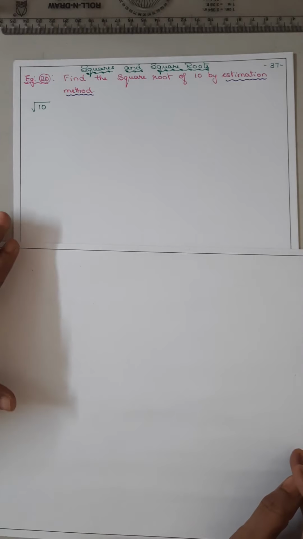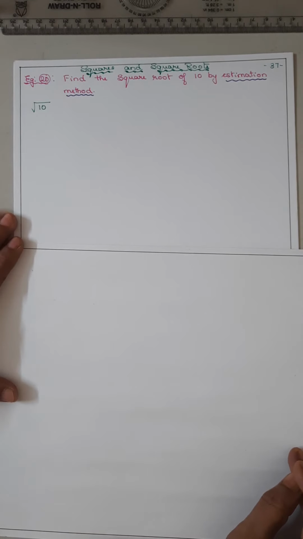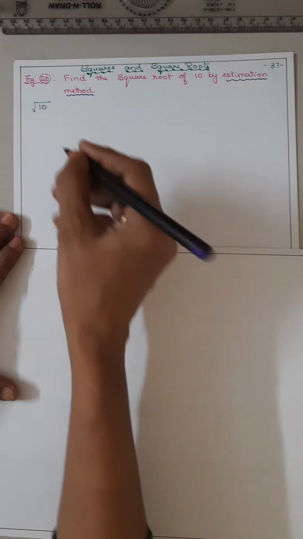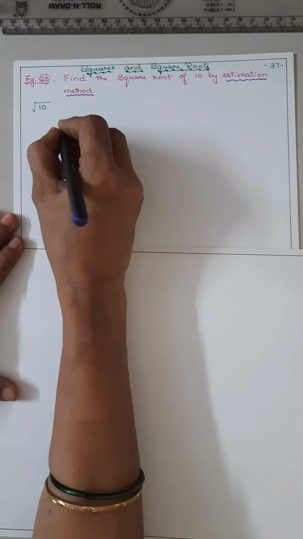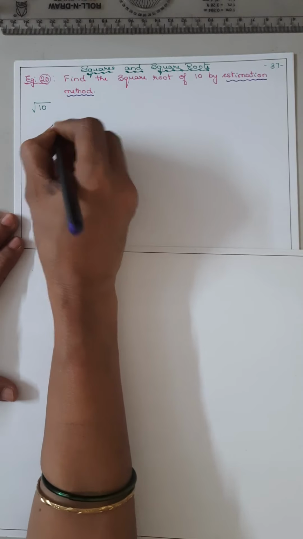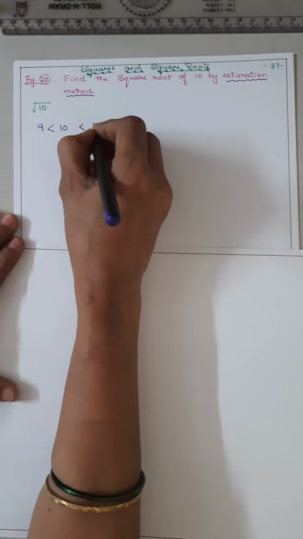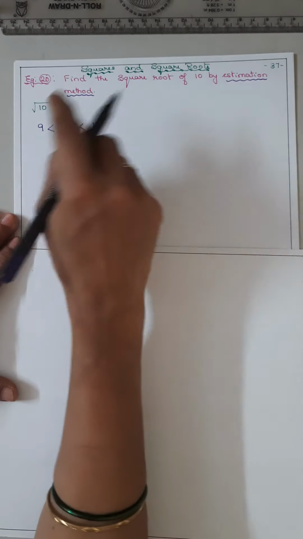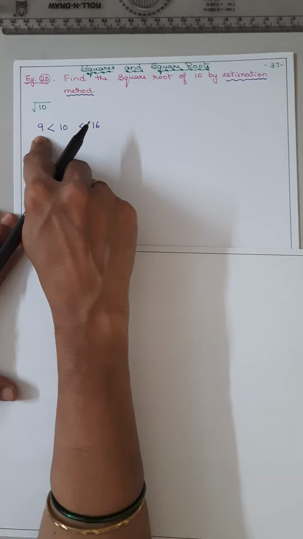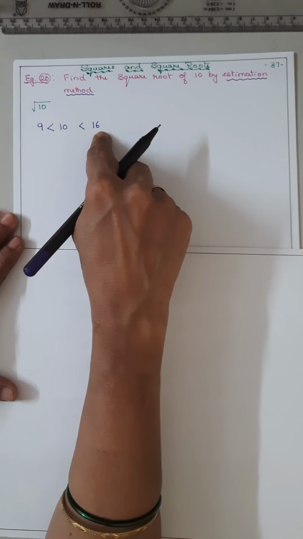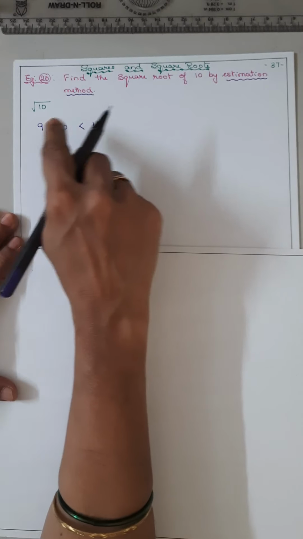So 10, it's not a perfect square, and it comes between which two perfect squares? First you see that. So 10 comes in between 9 and 16. 9 is a perfect square, 16 is a perfect square.